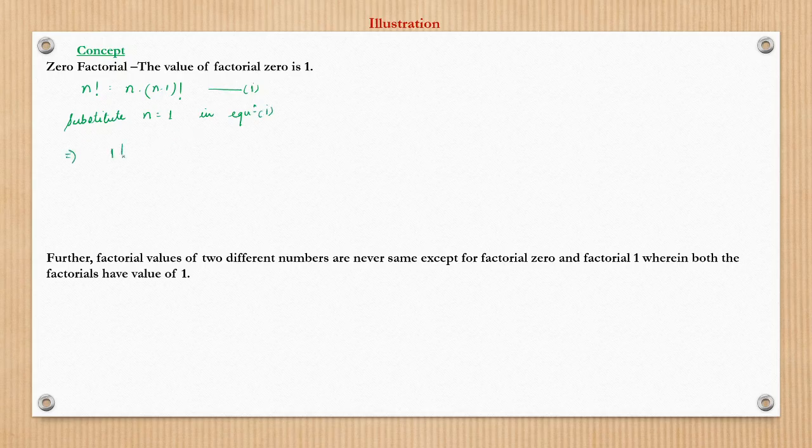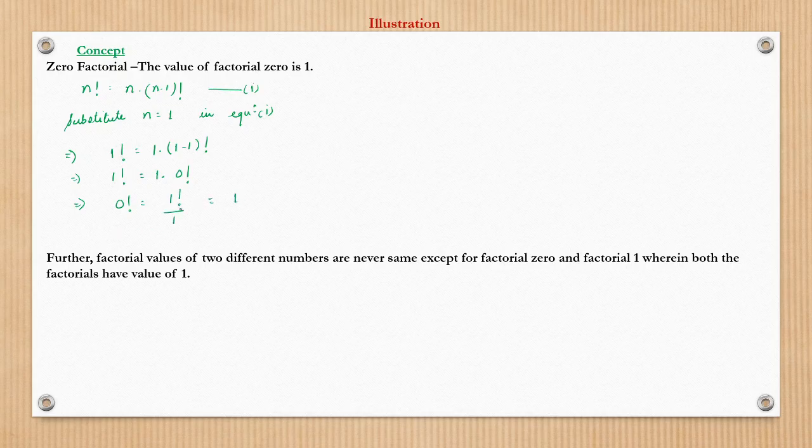That would be nothing but 1 factorial is equal to 1 into 1 minus 1 factorial. So from here, 1 factorial is equal to 1 into 0 factorial. From here, I can write 0 factorial is equal to 1 factorial upon 1. 1 factorial we know is 1.